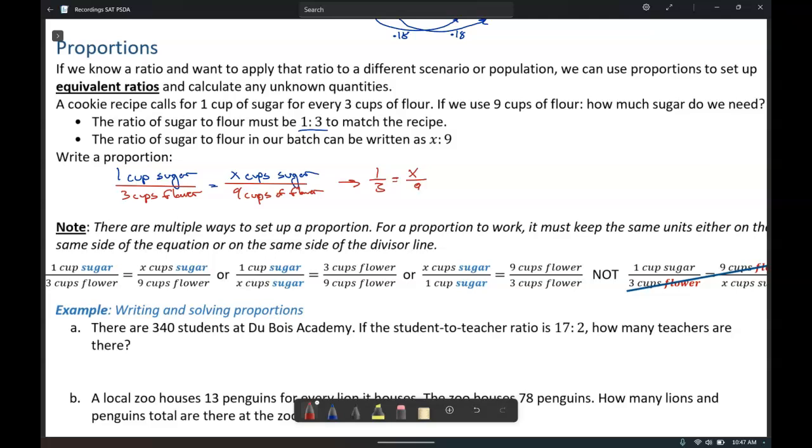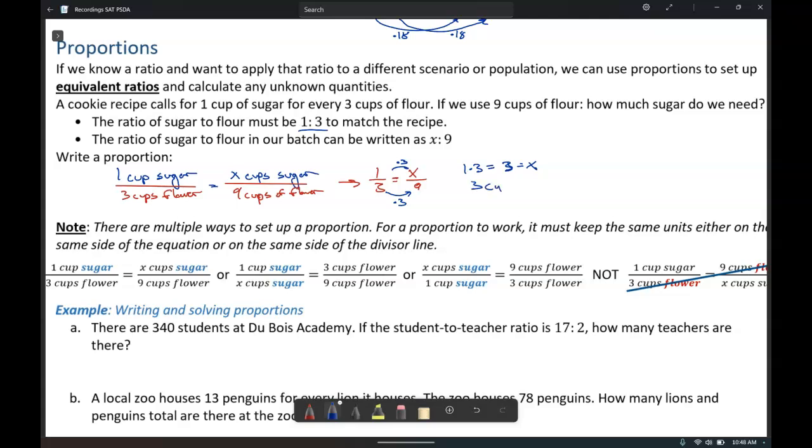And there's a couple different ways that we can evaluate it. We can look and see if there's an easy multiplicative relationship from denominator to denominator or numerator to numerator. And since we do have one where we could multiply by 3, we can do the same thing to our numerator in order to solve for x. 1 times 3 equals 3. So x has to be 3.